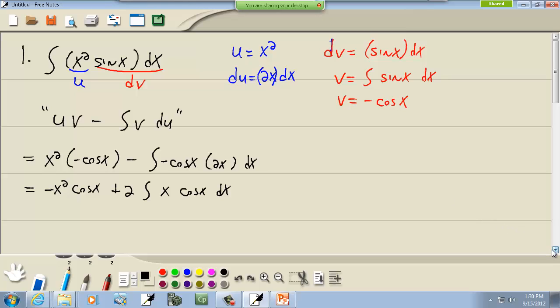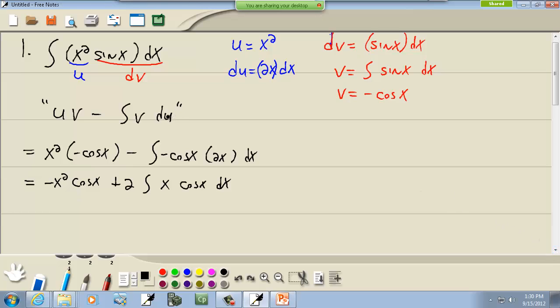Now, one of the powers of integration by parts is that it reduces. See how we went from x squared, now we're down to x. So we're going to do it again. This is our u, and this is our dv. So over here on the side, u is equal to x, and dv is equal to cosine x dx.